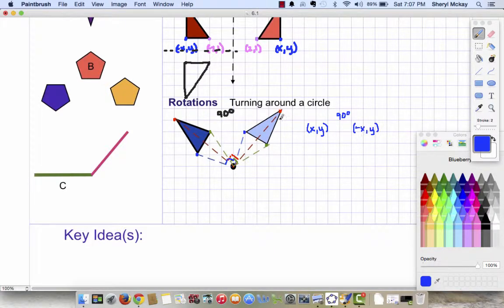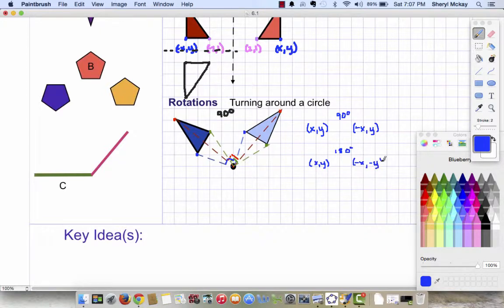Or the other way if we went from this way to this way. And if you were going to rotate an actual 180 degrees, bringing it all the way down, then basically your x, y becomes a negative x, negative y.